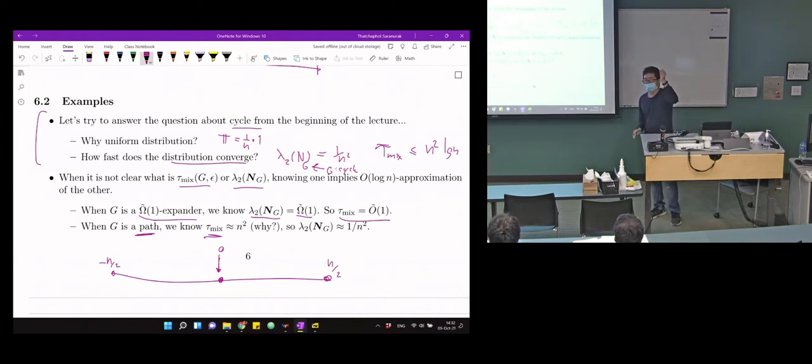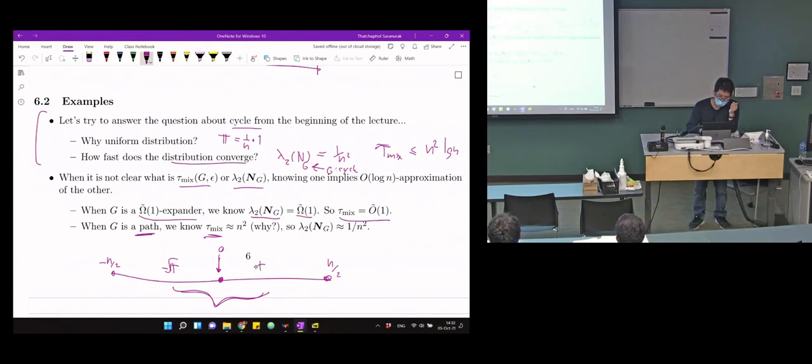If you do a random walk for t steps, then with high probability you will be somewhere within root t of 0.